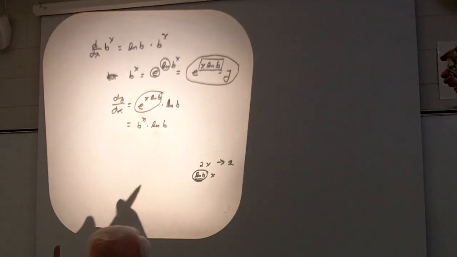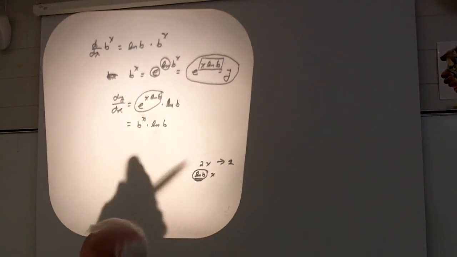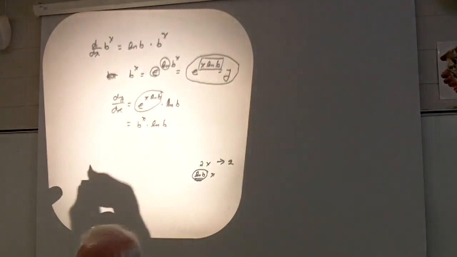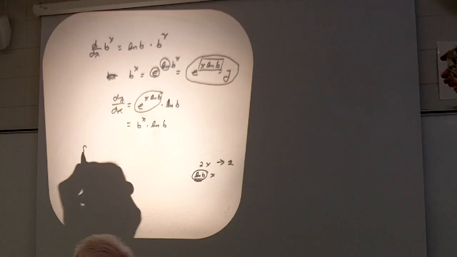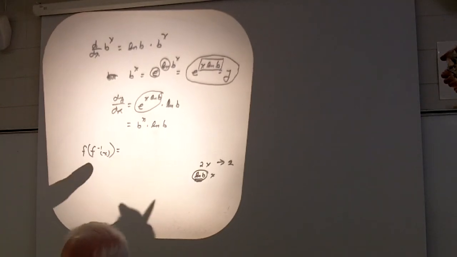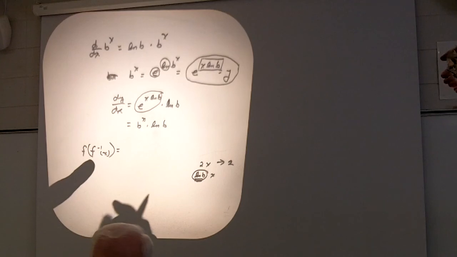Okay. Will you watch this just a minute? I have a moment to tie this into something I was going to do today. And that's this. If I have f of f inverse of x, what is that equal to? That's going to be equal to x.